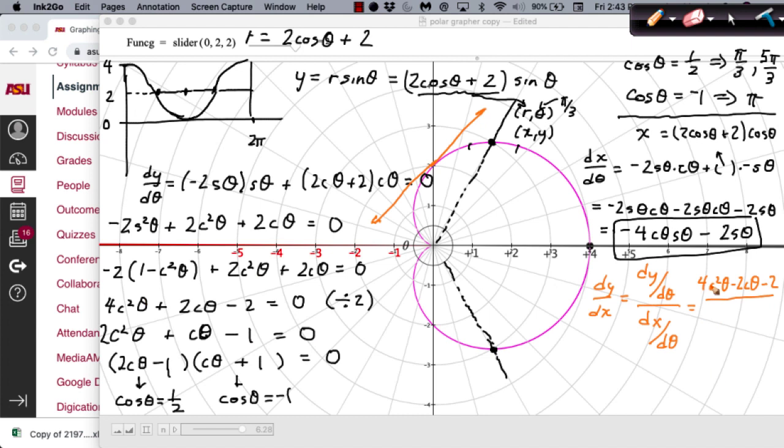And then we just came up with minus 4 cosine theta sine theta minus 2 sine theta. So for any point on the curve as a function of theta, it will give you the slope dy dx. So given any theta, what will we plug in to get our slope?